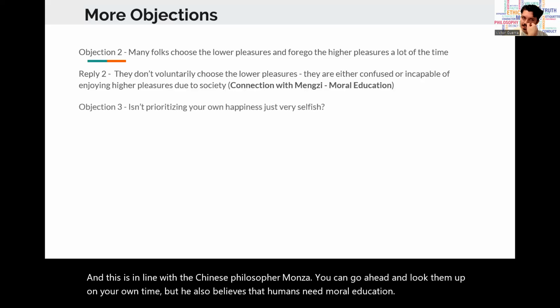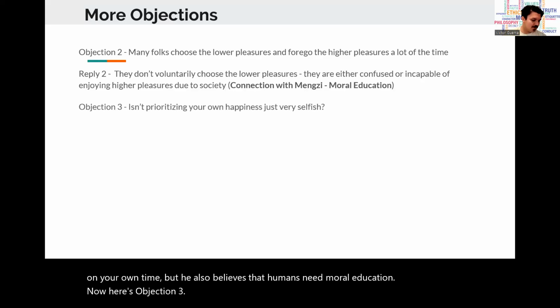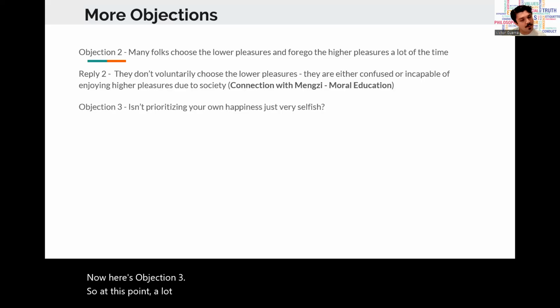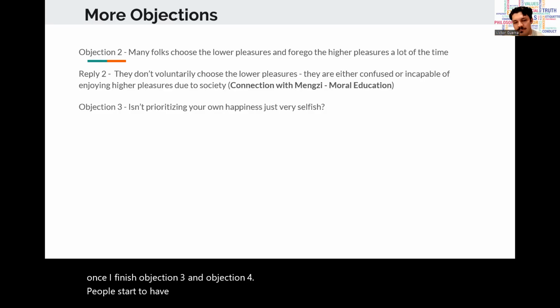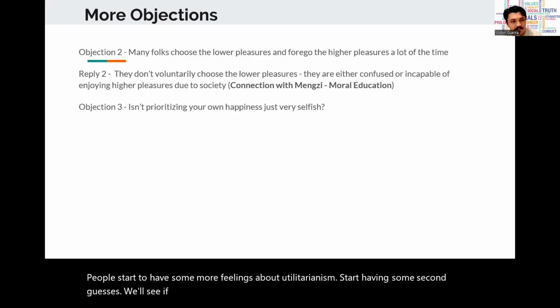Now, here's objection 3. So at this point, a lot of my students are sort of okay with utilitarianism. But usually once I finish objection 3 and objection 4, people start to have some more feelings about utilitarianism, start having some second guesses. We'll see if you start having some second guesses.